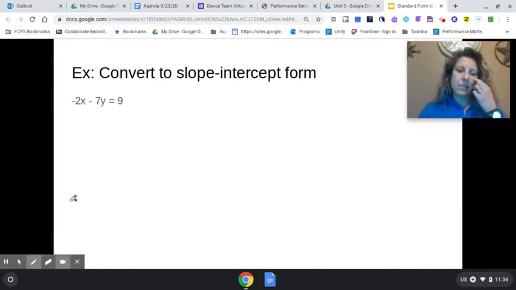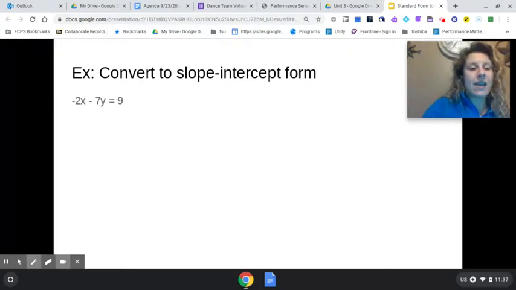Okay, the next example that we're going to walk through together says negative 2x minus 7y is equal to 9. And again, we want to convert that to slope-intercept form. So we're going to add 2x to both sides this time. And we would get negative 7y is equal to 2x plus 9.